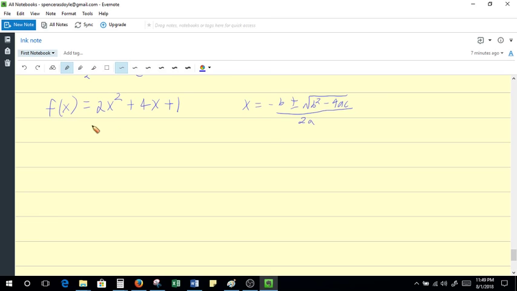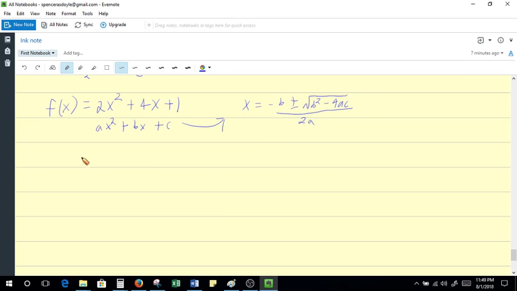And this is in our standard form, ax squared plus bx plus c. So we can just plug these values in, and we should get our roots.